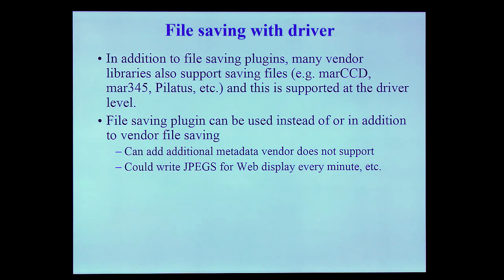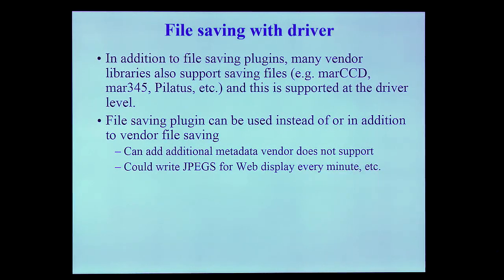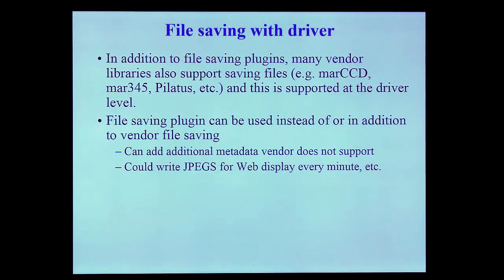So what you could do is use the vendor library, but then you could make a thumbnail TIFF, bin it 16 by 16 so that it's a tiny little image, save a TIFF file with the area detector plugin, and put all the metadata in that. So you're not taking up much disk space, but you are saving the metadata.